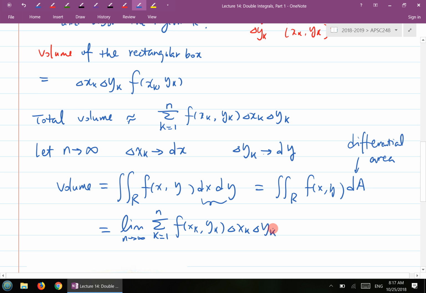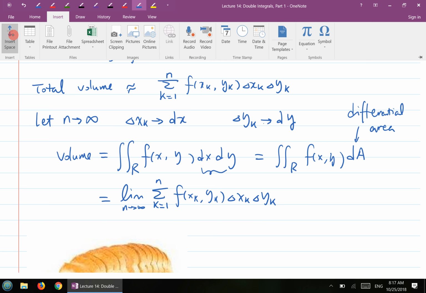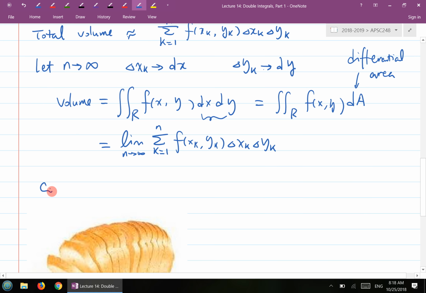Where is it from, right? But the question is always, how do we calculate a double integral? That's the computation part. You can calculate a double integral using limit concepts, just like a single integral. But this is always a very difficult process, right? So we need a more formal, more straightforward concept here.